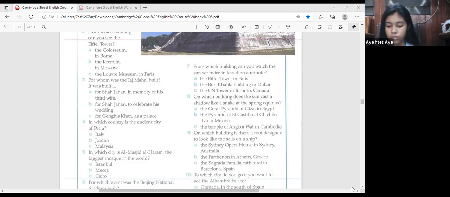You can go to concerts there too. 10. To which city do you go if you want to see the Alhambra Palace? You go to Granada in the south of Spain. The name Alhambra comes from Arabic. It has beautiful gardens with fountains and pools of water.